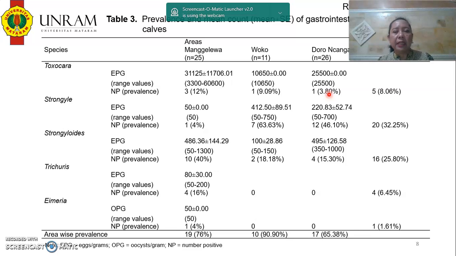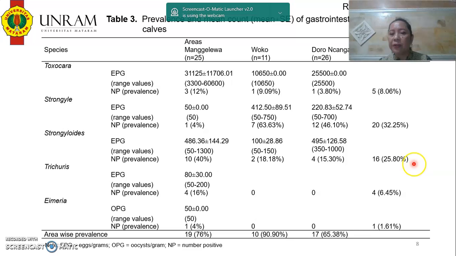From table 3, we can see that of a total of 62 fecal samples from calves we collected, the results indicate a high prevalence of gastrointestinal parasites in all areas covered.